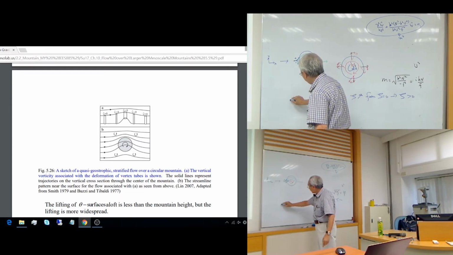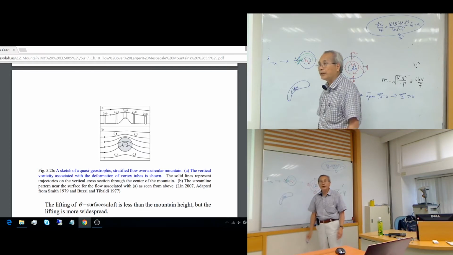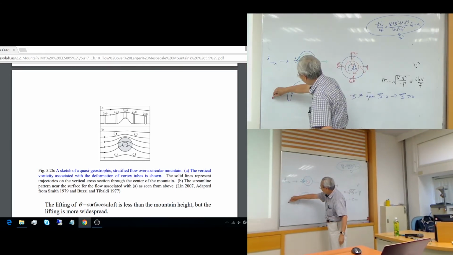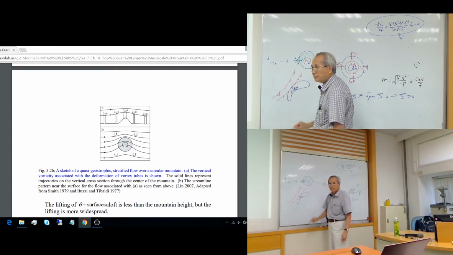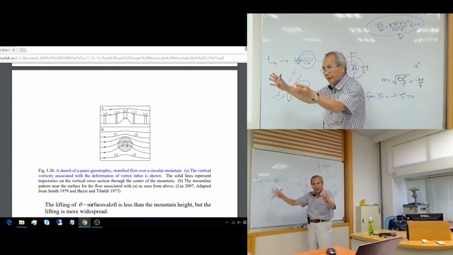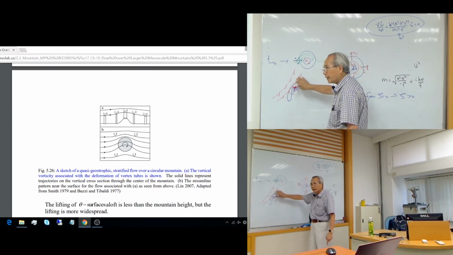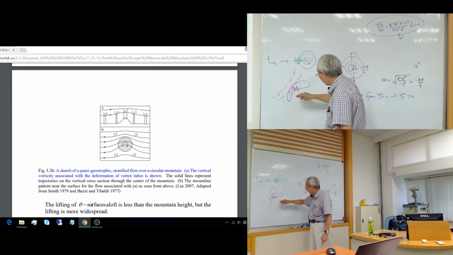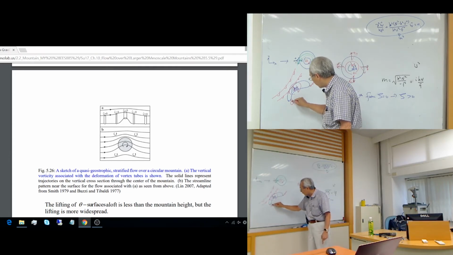For example, if you have the Alps, the European Alps, and say a cold front coming in, because of the mountain-induced high pressure, we have high pressure here, and that will bring the eastern part of the cold front to here faster than the western part, and then eventually they come together, and then they generate a cyclone here.